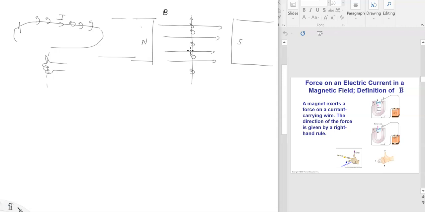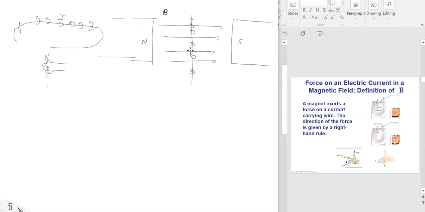There are electric motors inside. There are electric cars nowadays becoming very popular, and instead of the traditional engine, what they have is a big motor. So these things rotate because of these magnetic field interactions.